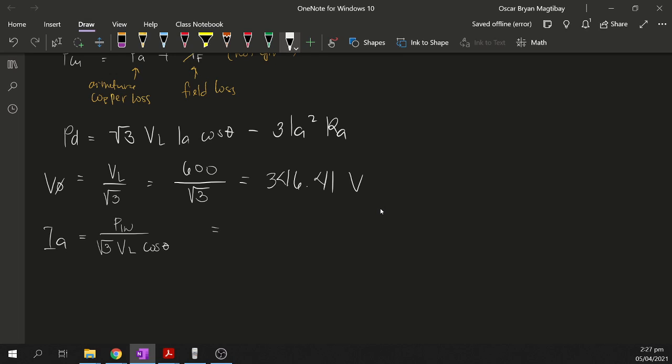So, this is equal now to what? Hindi pa natin pala makuha kasi wala pa tayong Pin.